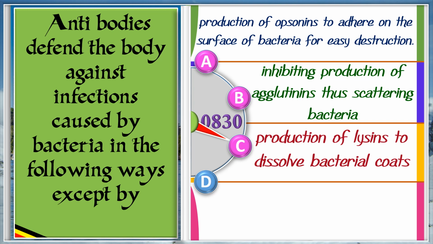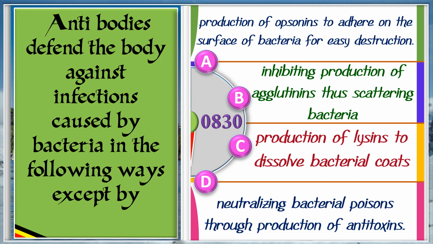C. Production of lysins to dissolve bacteria cords. D. Neutralizing bacteria poisons through production of antitoxins. And the answer is B. Inhibiting production of agglutinins, thus scattering bacteria.